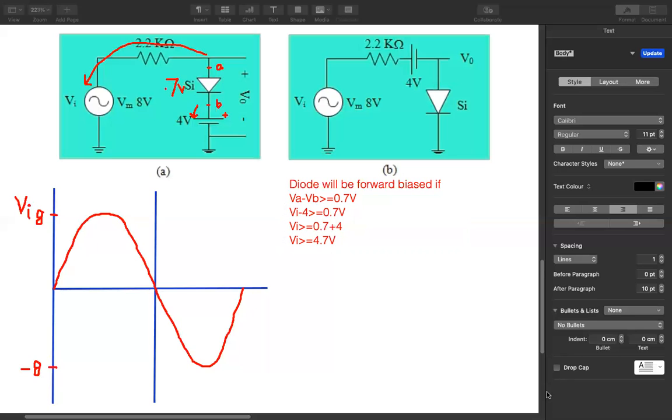Let's say draw with this. This is 4 and this will be around 4.7 volts. So this is your 4.7 volt line.